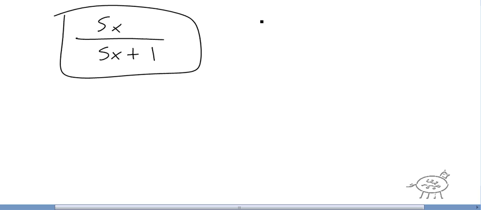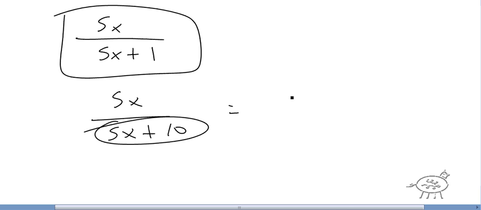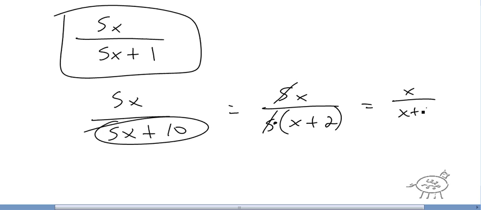If it was 5x over 5x plus 10, now I can take out a 5 here, and I get x plus 2, and now I can cancel out the 5's because now there's multiplication here. So my answer would be x over x plus 2. So don't just cancel stuff out. It has to be multiplication between terms to cancel things out.